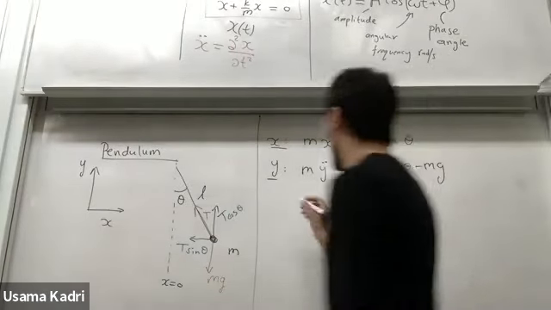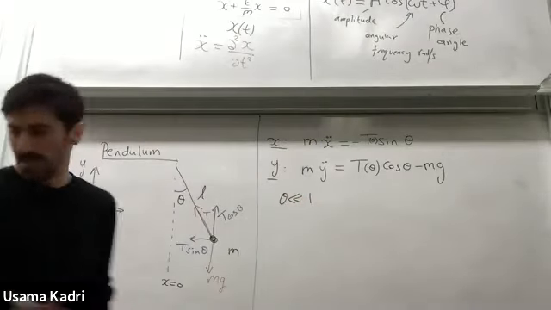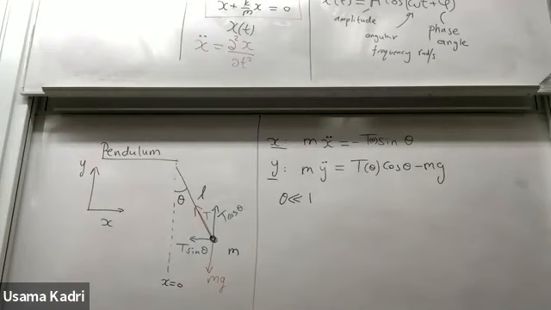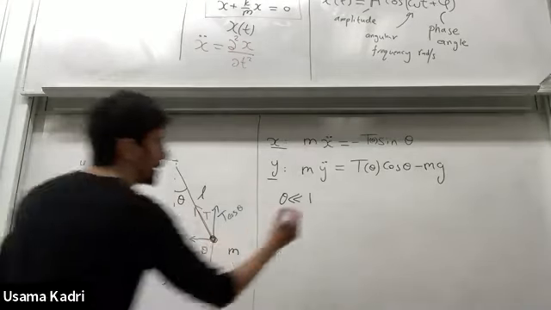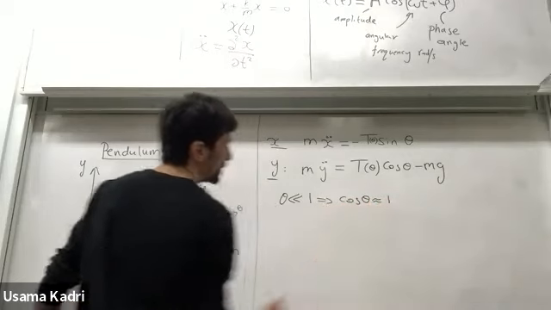If you do that, so if theta is much smaller than 1, what happens is that we can make an approximation that cosine theta is about 1.